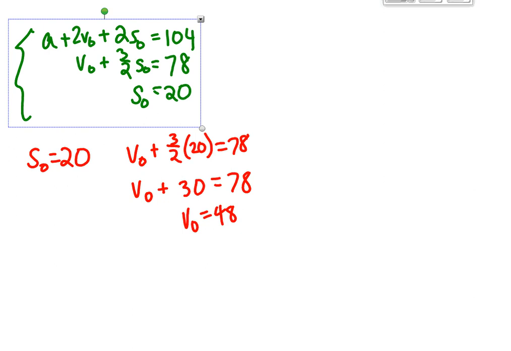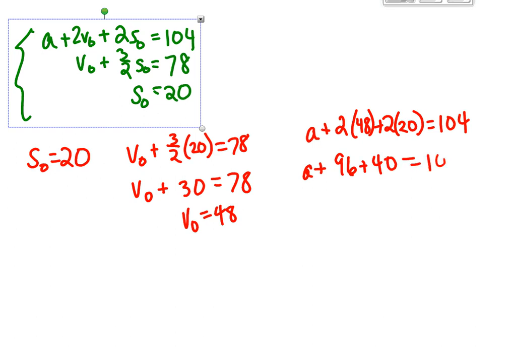Then to find A, I know A plus 2 times 48 plus 2 times 20 is equal to 104. And so then that's A plus 96 plus 40 equals 104. A plus 136 is 104. Subtract 136. A equals negative 32.